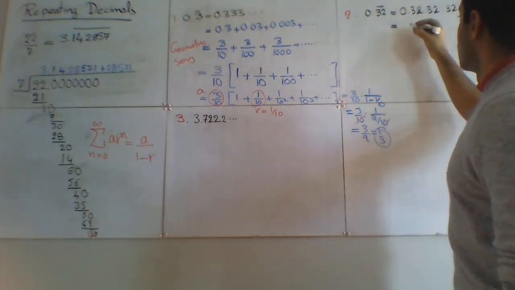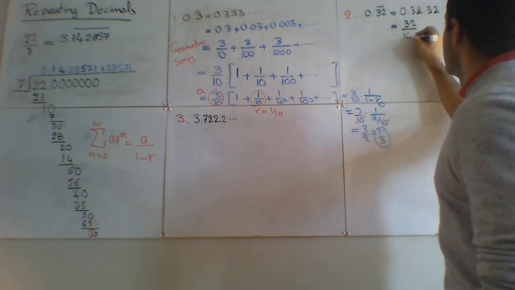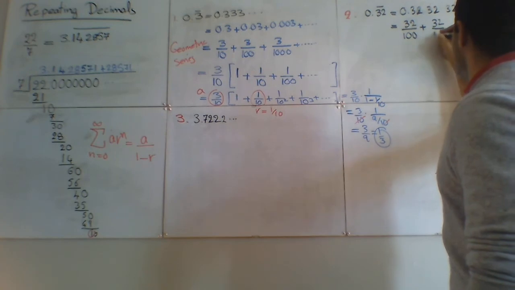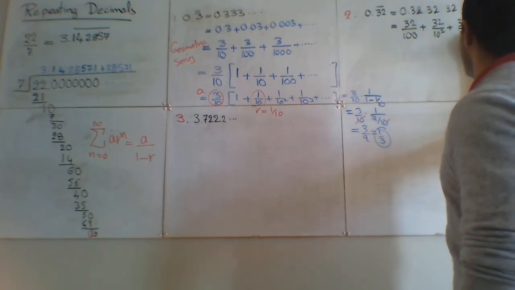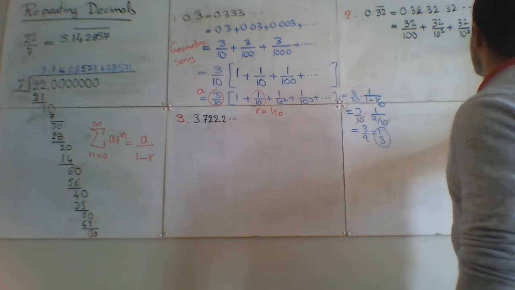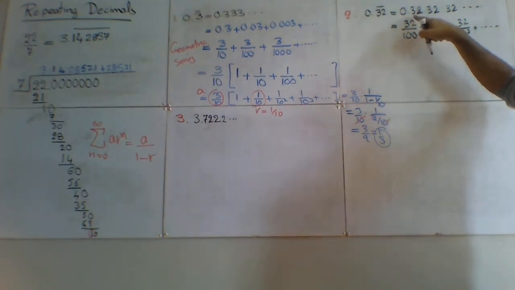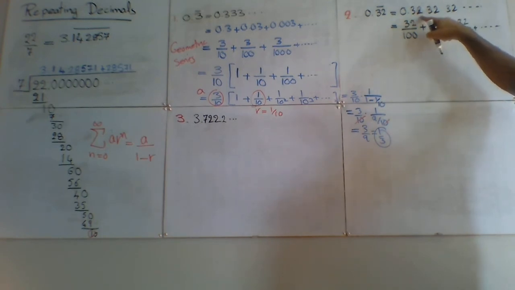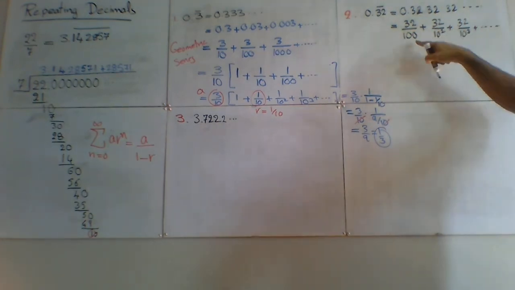So we first can write this as 32 over 100 plus 32 over 100 squared plus 32 over 100 cubed, etc. Because this is 0.32 plus 0.0032 plus 0.000032. So 32 over 100.